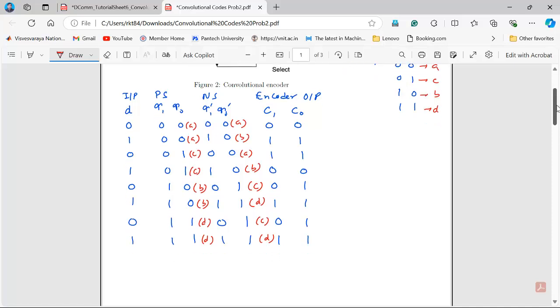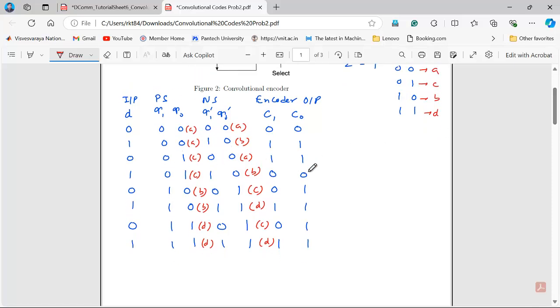Okay, now you have to show the transitions. I consider a state like this as state A, I write A here. This is B, here I have considered C, and here I consider state D. So this is state D. I am just trying to draw the state diagram. Now the input is either 0 or 1.